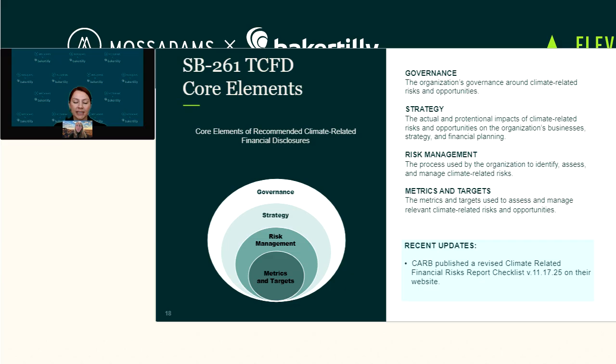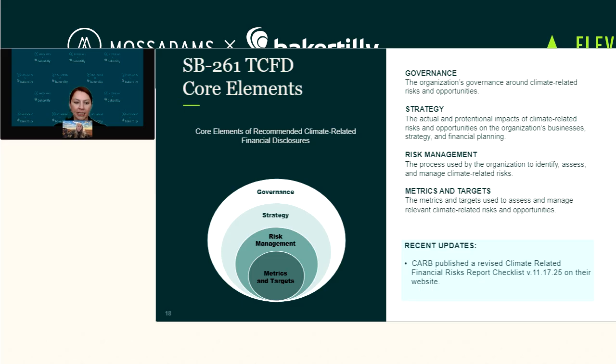So this slide here does outline those 4 core elements that companies must address in those climate-related financial disclosures. The 4 core elements are interrelated and are supported by 11 recommended disclosures that build out this framework with information that is intended to help investors and other stakeholders truly understand how reporting organizations think about and assess climate-related risks and opportunities.